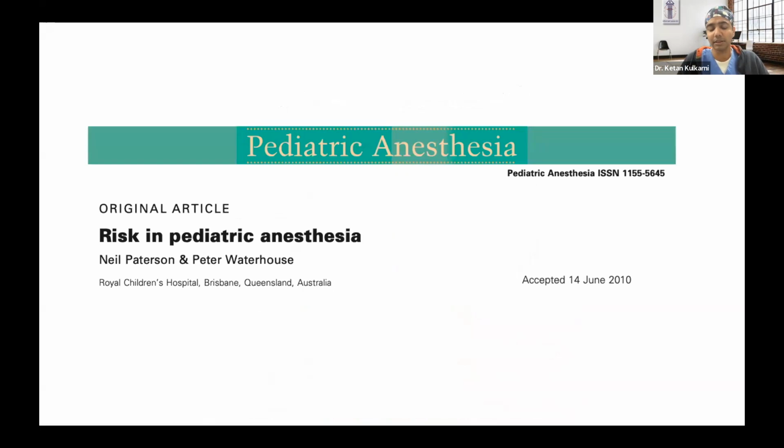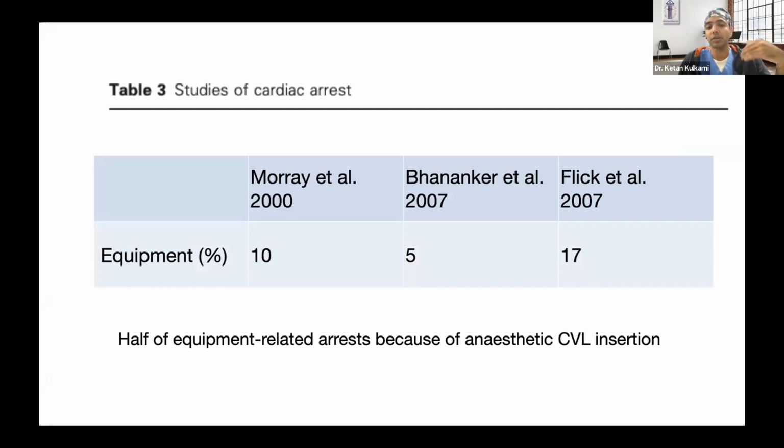Why is the central venous line so important? This was an original research article published in 2010 in Pediatric Anesthesia, which discussed risk in pediatric anesthesia. Apart from other factors, they also looked at cardiac arrest and how frequent it is.